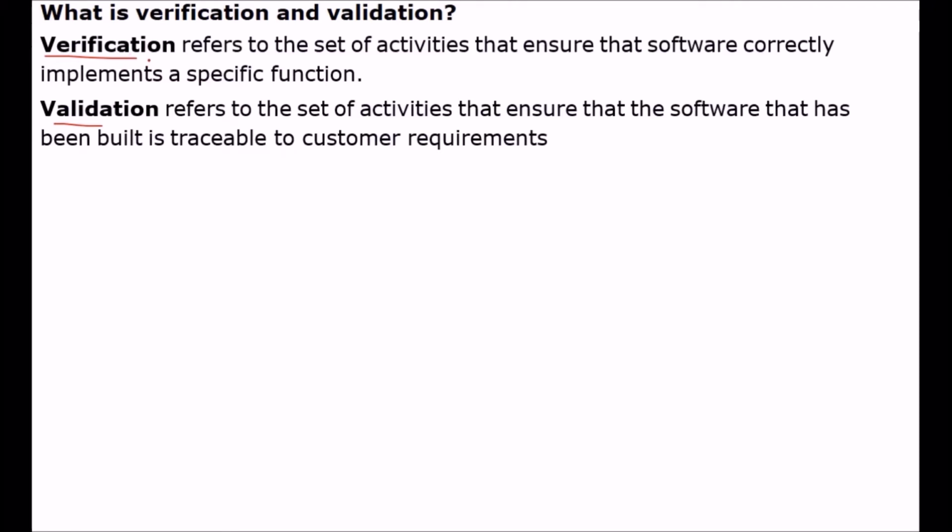More precisely, verification refers to the set of activities that ensure that software correctly implements a specific function, while validation refers to the set of activities that ensure that the software that has been built is traceable to the customer requirement. So verification involves activities like inspection, walkthroughs, and reviews. Validation requires proper testing and reviews also, but reviews are done here.